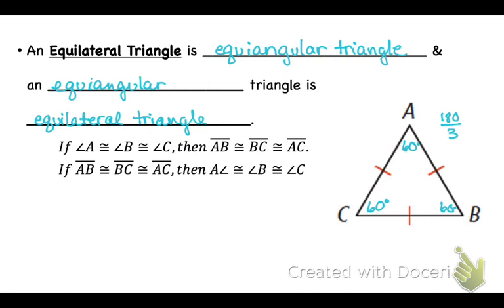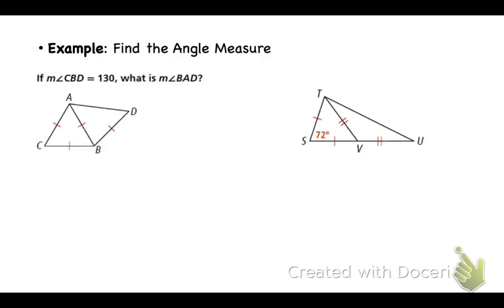And all the angles every single time are 60, because there are only 180 degrees in any triangle, correct? And if there are 3 angles that are all the same, they all have to be 60.